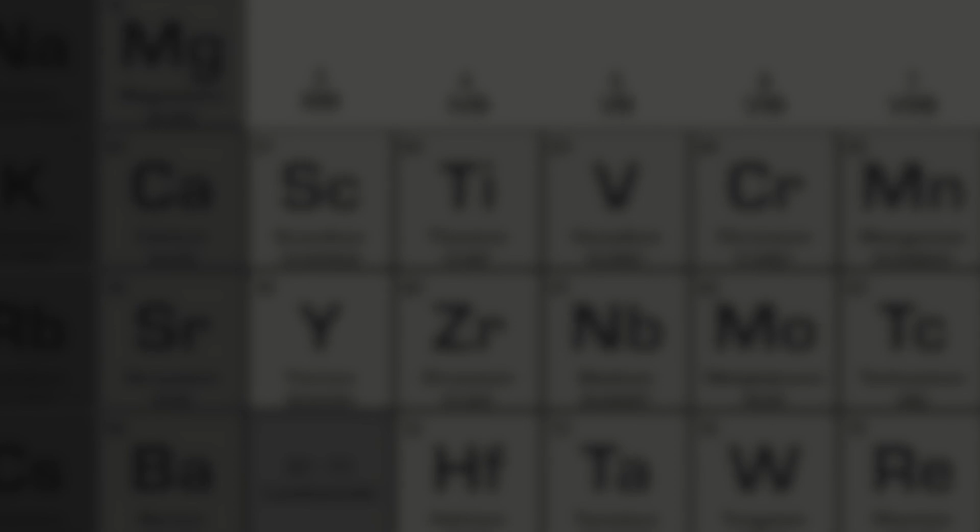In medicine, the periodic table guides the design of diagnostic tools, treatments, and pharmaceuticals. Radioactive isotopes of elements such as iodine, titanium, and cobalt are used in medical imaging and cancer therapy.